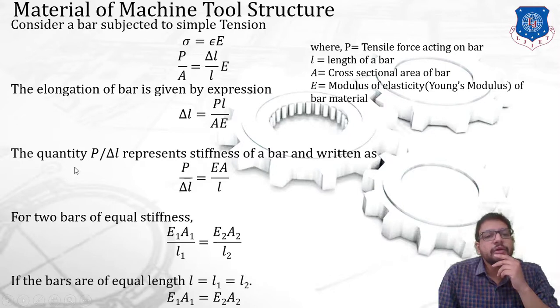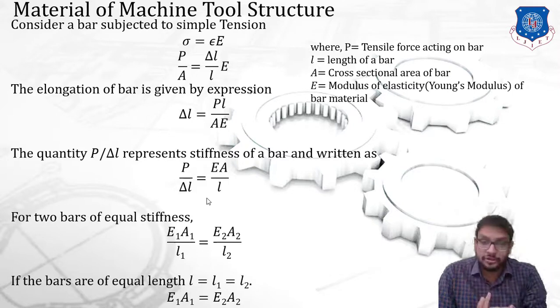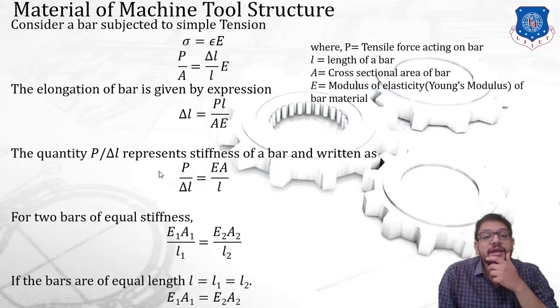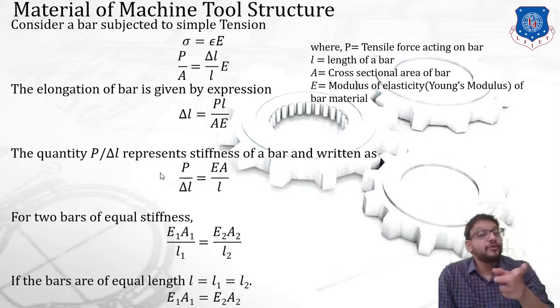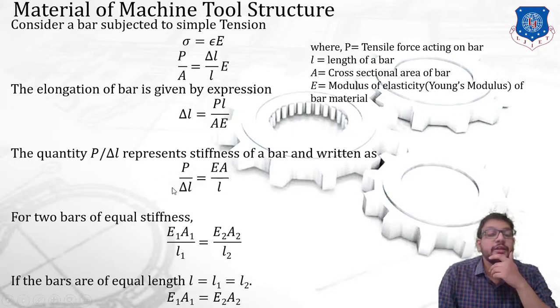Now over here, the quantity P upon delta L represents the stiffness of a bar, and it can be written as P by delta L equals EA by L. We know that stiffness is the ratio of load to deflection, or elongation. So P by delta L represents stiffness. We know stiffness is resistance to deformation, and it is defined as load upon deflection.